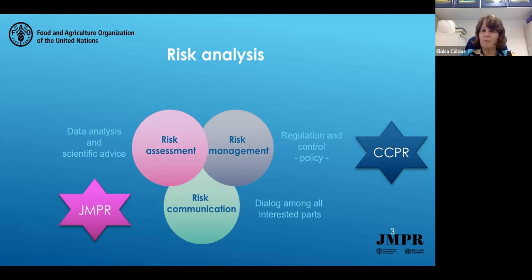Because during the CCPR meeting, many of you have attended at least one of those meetings. The delegations ask questions. We normally get a lot of questions from the EU delegation, who question some of our procedures.